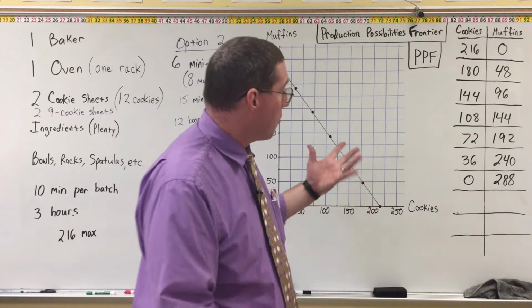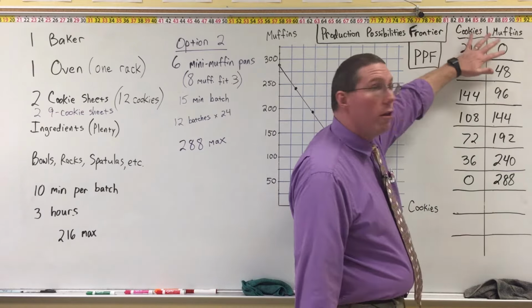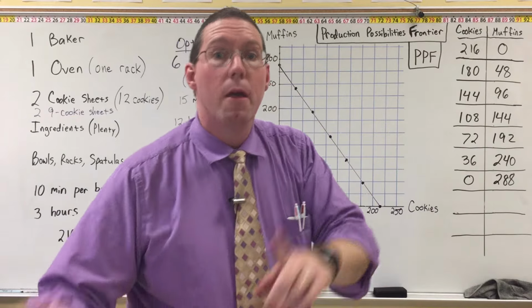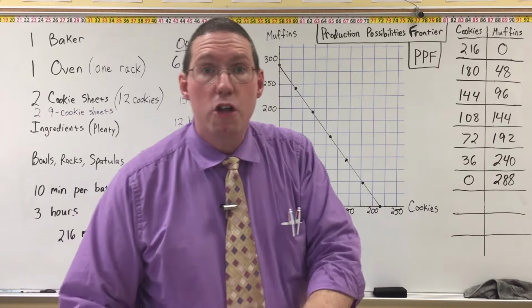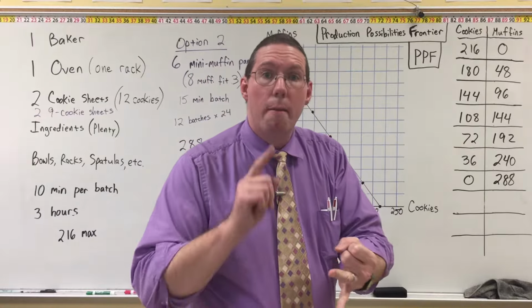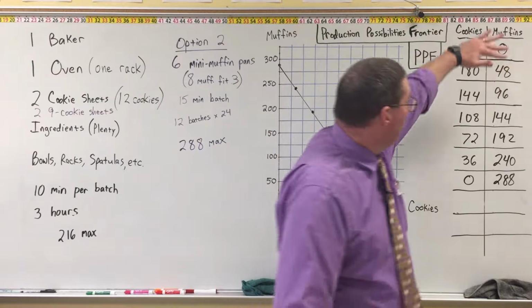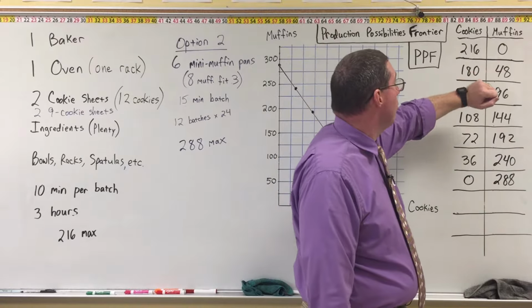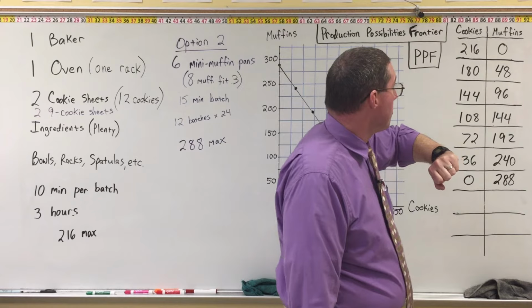This baker has created a list of all of the possibilities for them to produce mini muffins and cookies. So it is a production possibilities table. One possibility is they could make 216 cookies and 0 muffins.